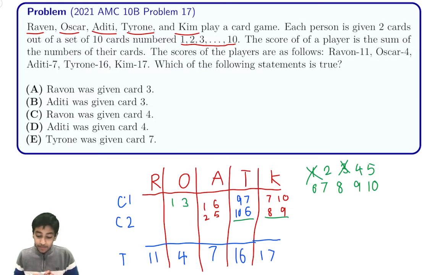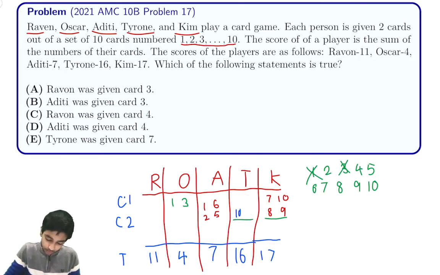Because if any of them take 7, for example, like 7, 10, and 10, 6, won't work, because 10 is common. If you take 7, 10, and 7, 9, 7 is common. If you take 7, 9, and 8, 9, 9 is common. So the only possibility that works and has no overlapping is 10, 6, 8, 9. This is the only possibility that will work.